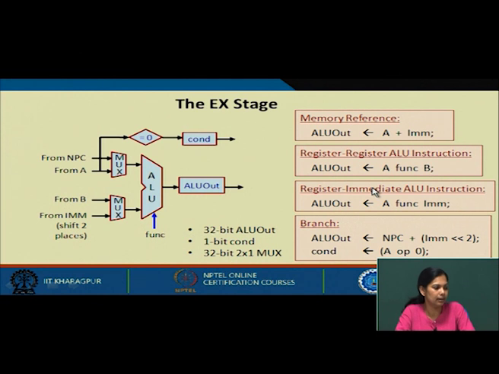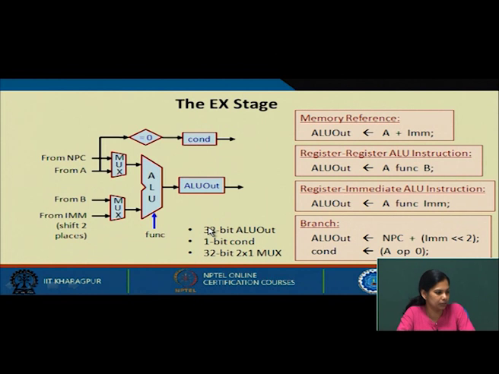Now let us see what happens in the execute stage. We are looking here step by step: fetch, decode, then execute. And for execute, how will my data path be?